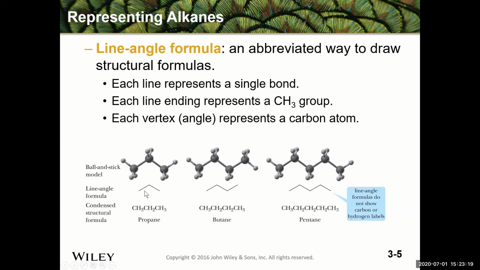Now, in these line angle formulas, we don't draw the hydrogens, but you can determine the number of hydrogens on each carbon because it only contains carbon and hydrogen, and each carbon has to have 4 groups or 4 bonds surrounding it.